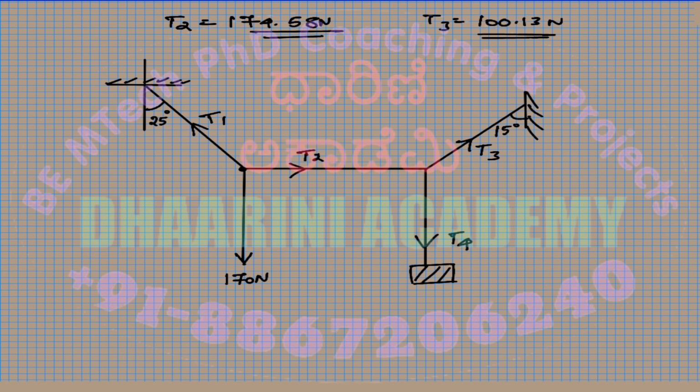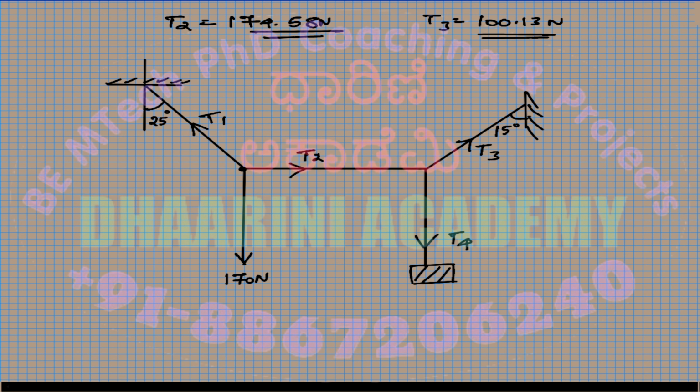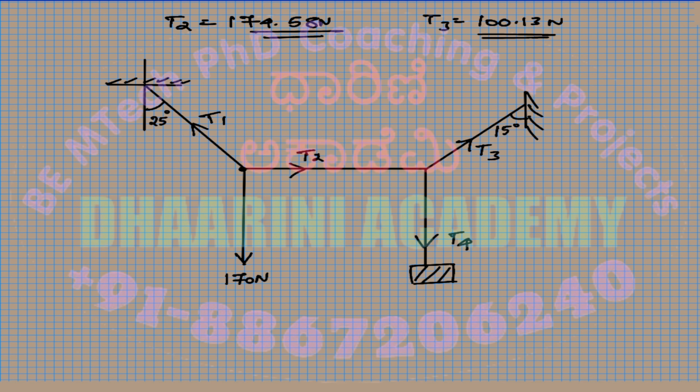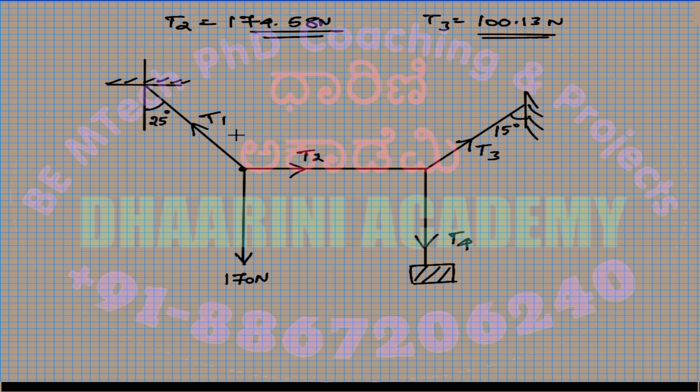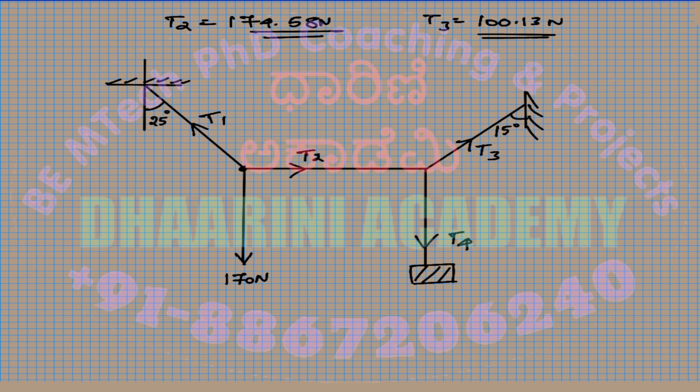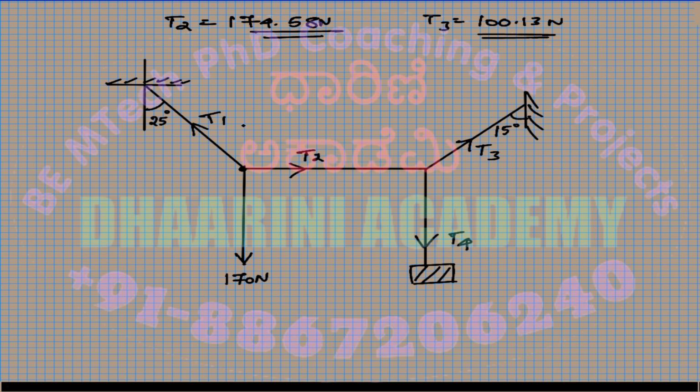We have to find T1, T2, T3 and T4. Okay, now the angle given is slightly different. So here we can find this angle, right? Assuming that if I try to extend this, then this angle is available for us. Okay, so from the given angle, I can actually calculate this angle.